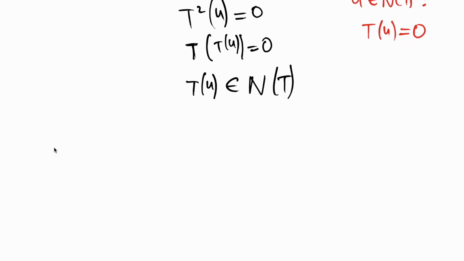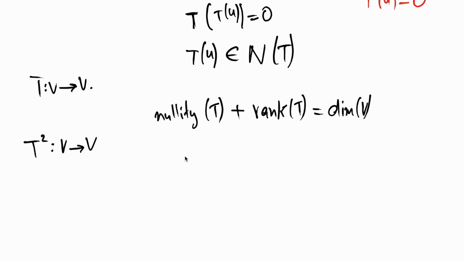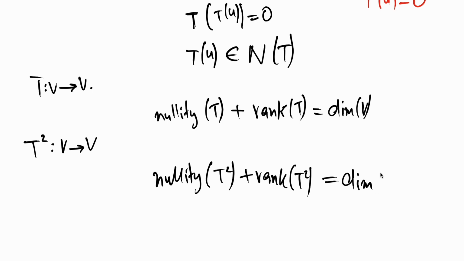Notice that T from V to V is a linear transformation, and by the dimension theorem, we know that the rank of T plus the nullity of T is equal to the dimension of V. Now, T composed with T is also a linear transformation from V to V, and the rank-nullity theorem applies to this linear transformation as well. So the nullity of T squared plus the rank of T squared is equal to the dimension of V.